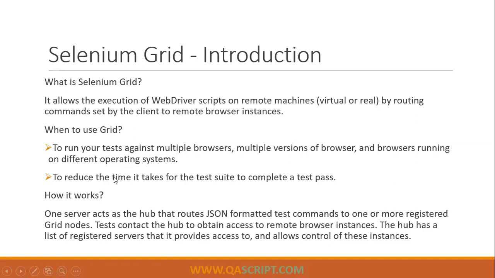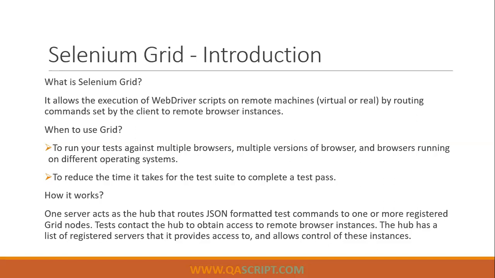Another scenario where you can use Grid is to reduce the amount of time it takes to execute your automation suite. For example, if you have a small automation suite of a few hundred cases, you can run it on your local machine, and it doesn't create any problem. But think of a huge automation test suite which contains thousands of tests and runs for more than 6 to 7 hours.